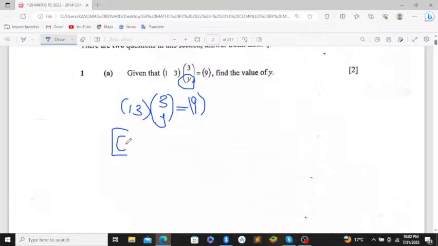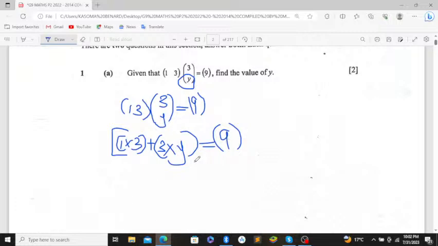So for 1 by 3, I'm going to write 1 multiplied by 3, plus 3 multiplied by y, which is equal to 9. We should also remember to put 9 in brackets. This is the matrix we're going to get.